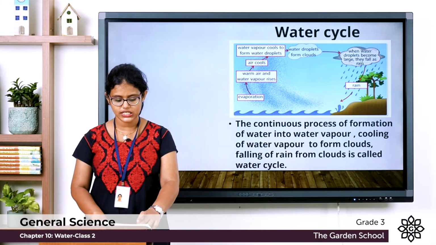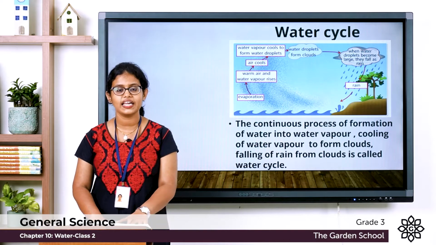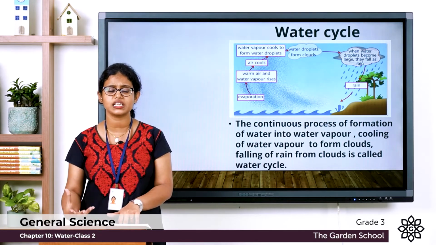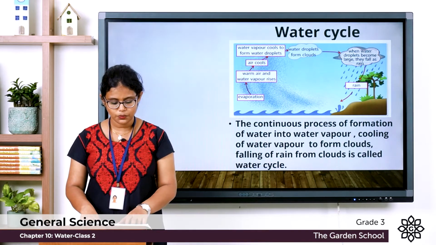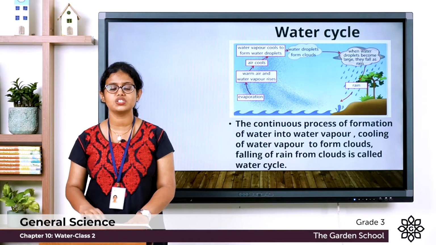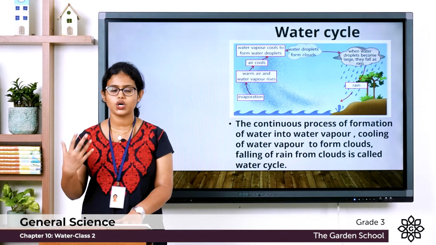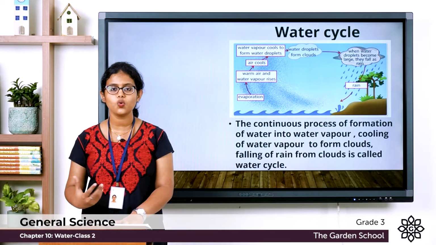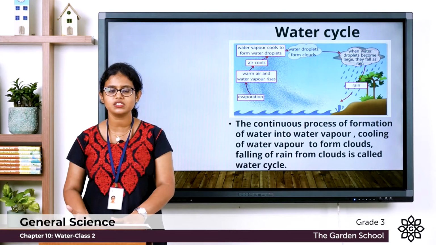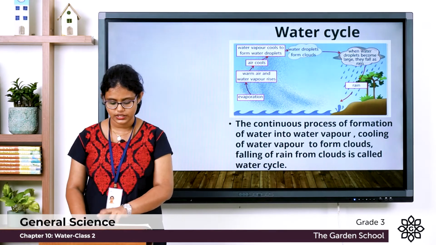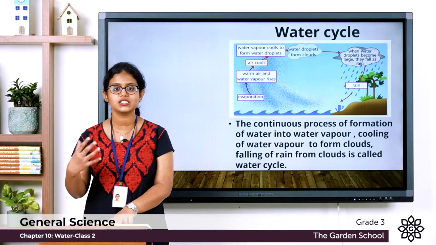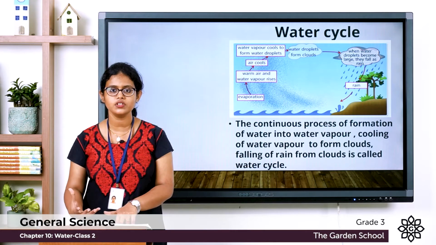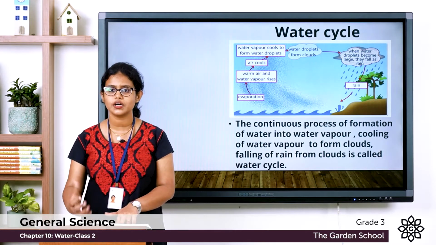First, you can see heat from the sun evaporates the water which is present in rivers, oceans, lakes, etc. Then it changes into water vapor. This water vapor rises upwards. Then it becomes cool. It changes into water droplets and becomes clouds. Then, when these water droplets become bigger drops, as they become heavier, they fall to the ground as rain.